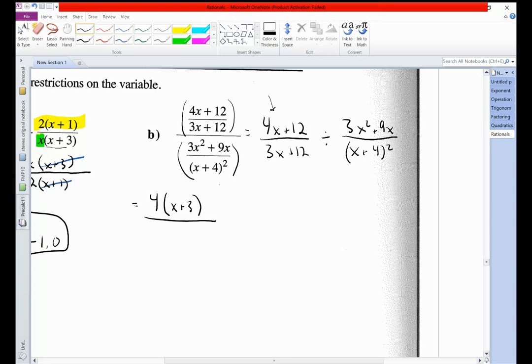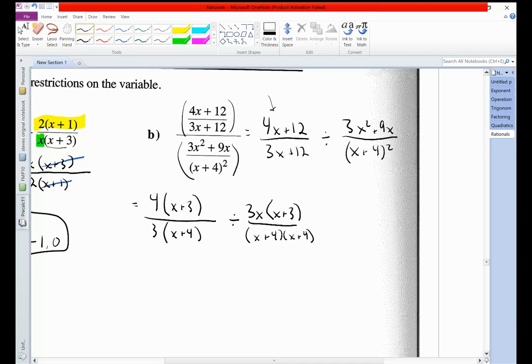In the bottom left, we can factor a 3 out, and we're left with x plus 4. That's all divided by, in the top term there, we can factor out a 3x, and we're left with x plus 3. And in the bottom, we're going to have x plus 4 times x plus 4.